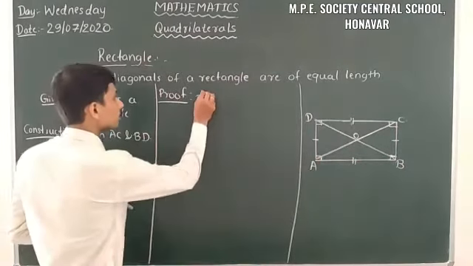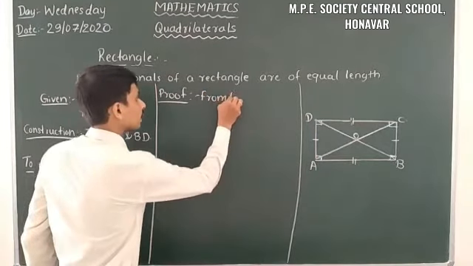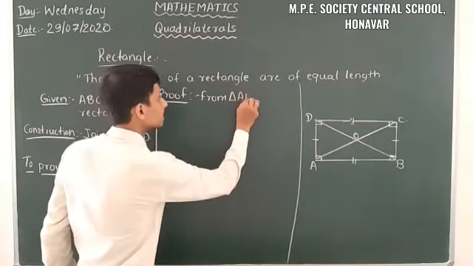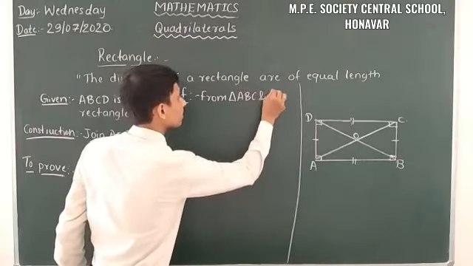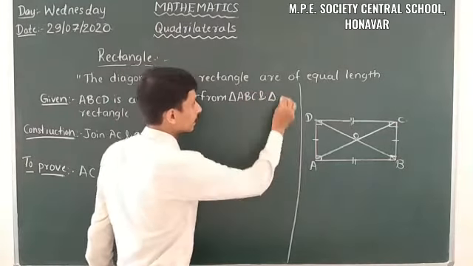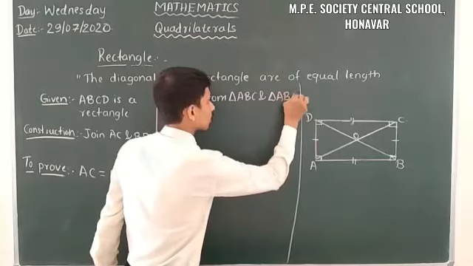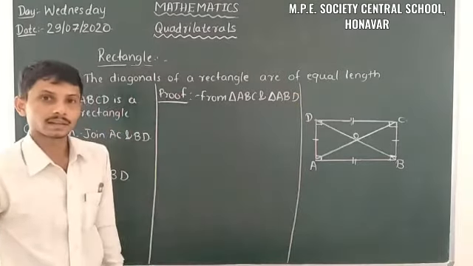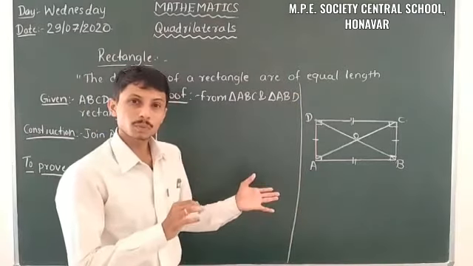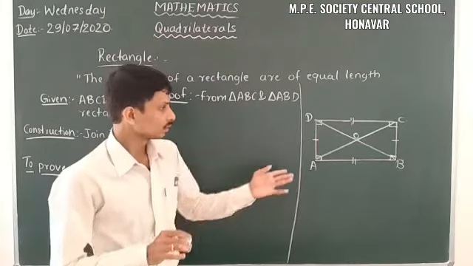So consider triangle ABC and triangle ABD. Just observe both the triangles here.